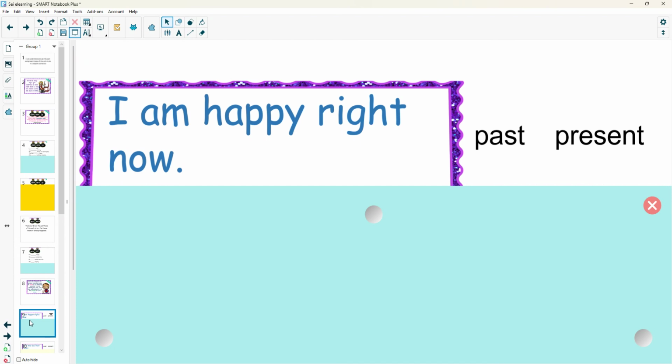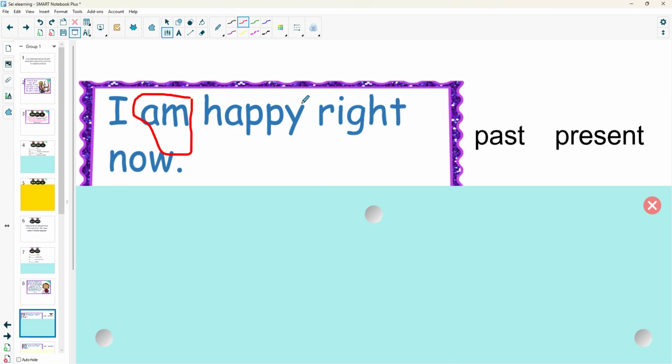Let's take a look at some sentences. Read this sentence with me. I am happy right now. What is the verb in this sentence? Hopefully you said am is the verb. Am is the verb.